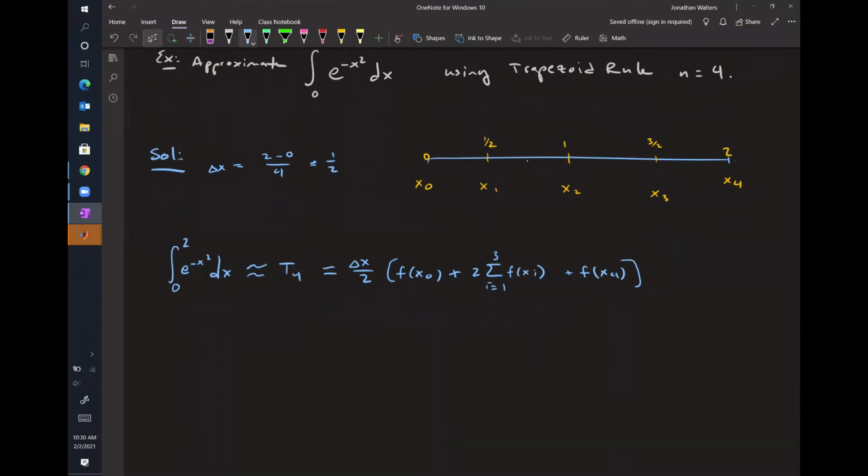So this is going to be 1/2 over 2, which is 1 over 4, times e to the negative 0 squared plus 2 times e to the negative 1/2 squared plus 2 times e to the negative 1 squared, whoops, I skipped 1, sorry, make this a 1 right here, plus 2 times e to the negative 3/2 squared, plus e to the negative 2 squared.